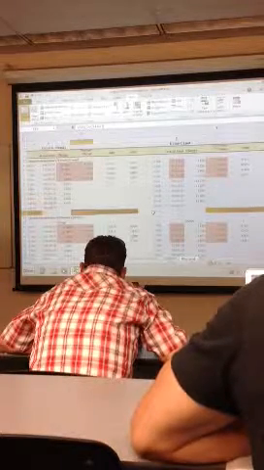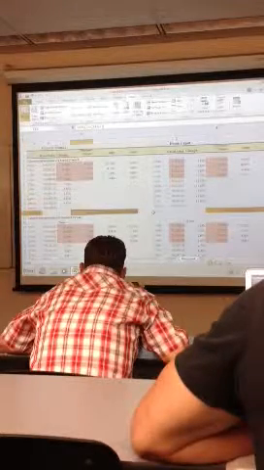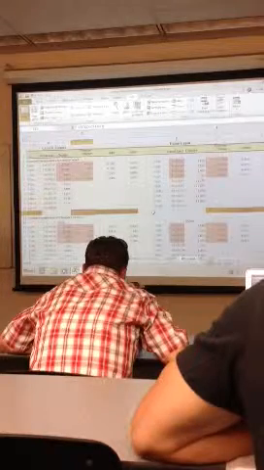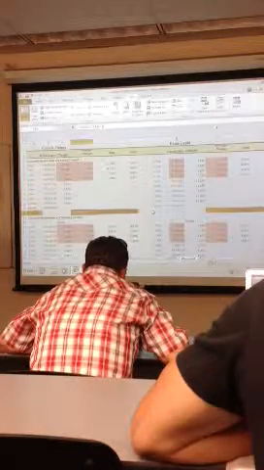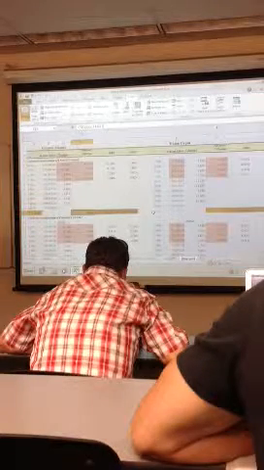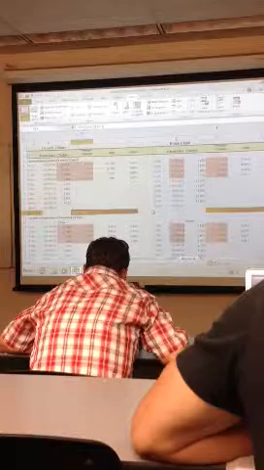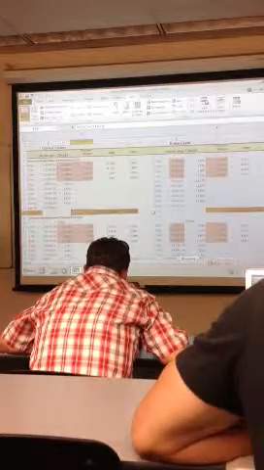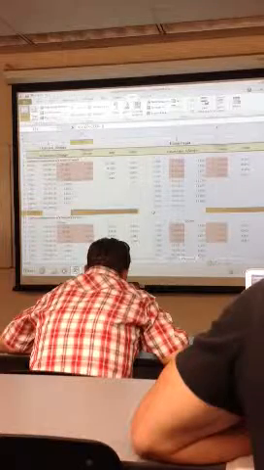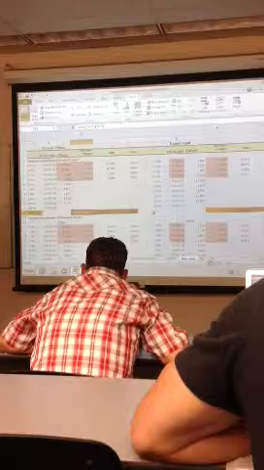Because remember, R squared is explaining the variation between X and Y. If we had a linear regression model that looked like that, if we regress that, what would our R squared be? 1. Because 100% of the variation is explained by that line. Okay, so we're looking for a higher R squared.